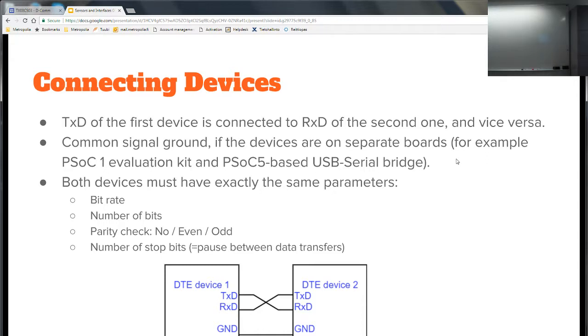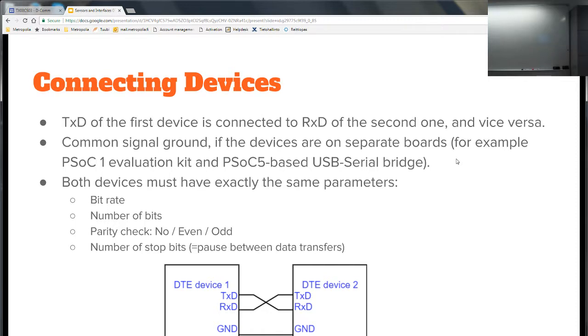That's probably the reason why this serial line standard came alive, because there was a very primal way of checking if the data transfer was good or bad. That was a parity check. Simple parity check.